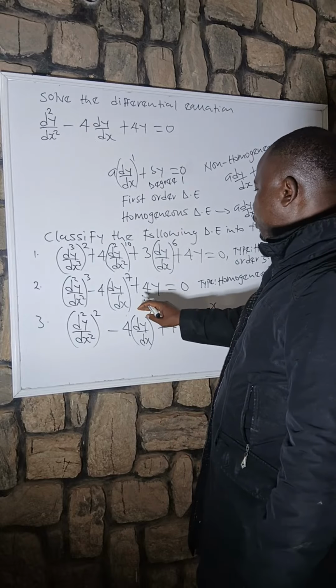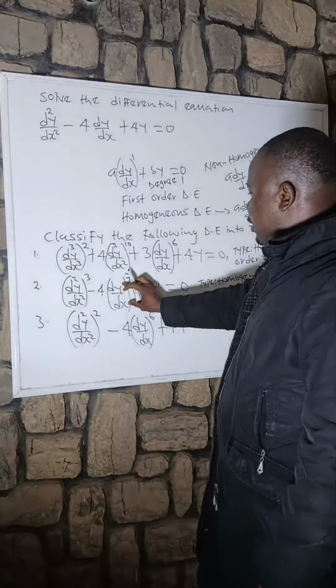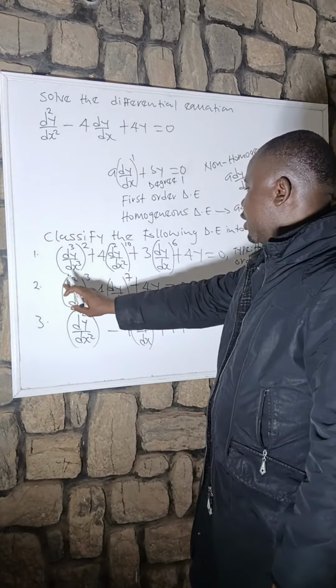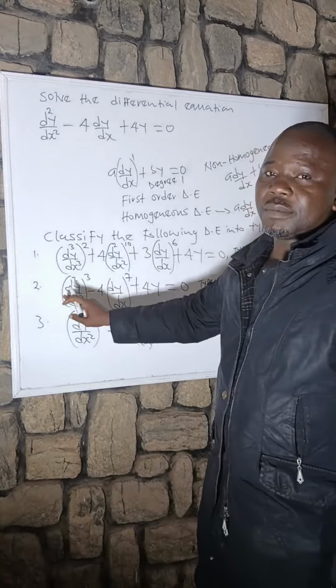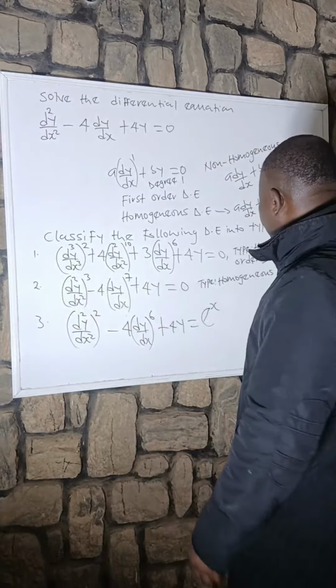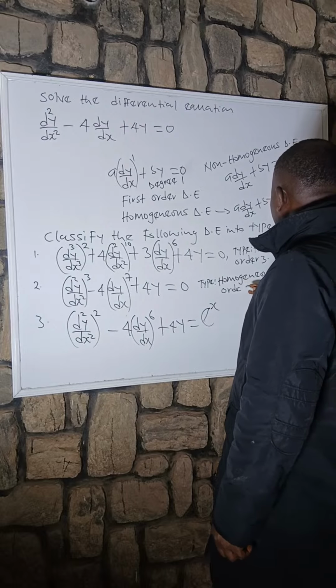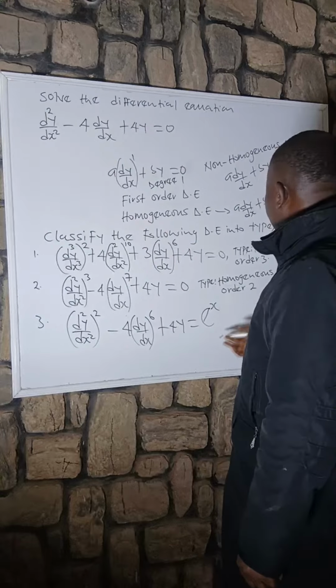Then the order: this one is first order, this one second order. So the second order supersedes everything here. So the order of this differential equation is second order. Order 2 or second order.